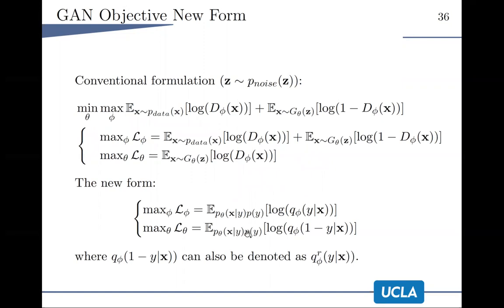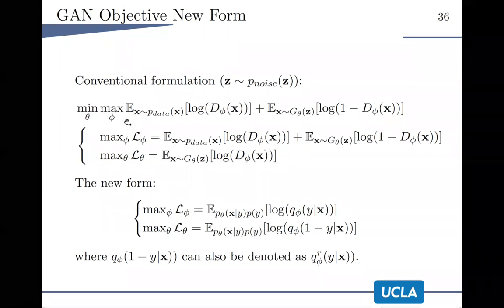And there's also a rewriting of the objectives. Previously the objective we had was the minimax game between theta and phi, between the discriminator and the generator.